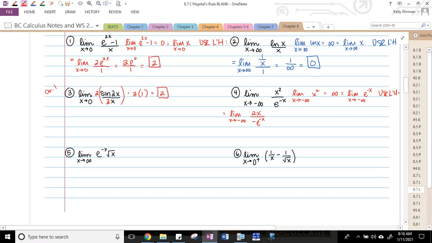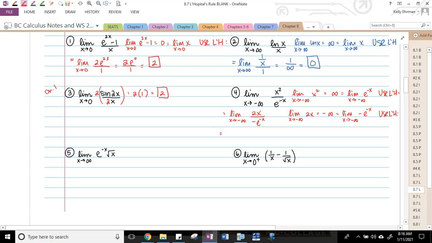Okay, let's see. Can we plug in infinity? Technically, no, because we get infinity over infinity again, so I need to show that again. The limit as x approaches negative infinity of 2x would equal negative infinity. But so would this: the limit as x approaches negative infinity of negative e to the negative x will be negative infinity. So use L'Hopital's again.